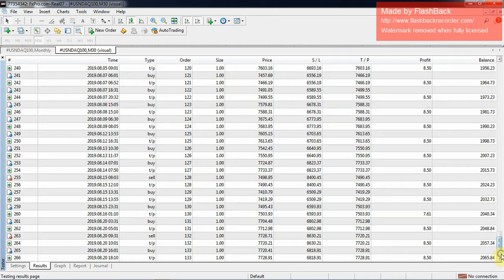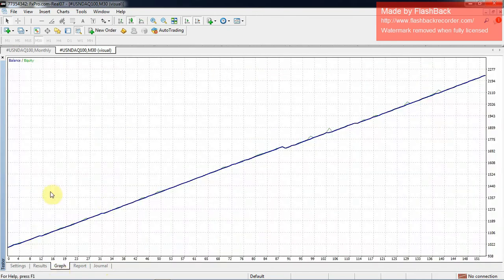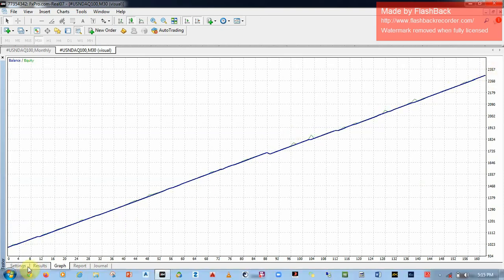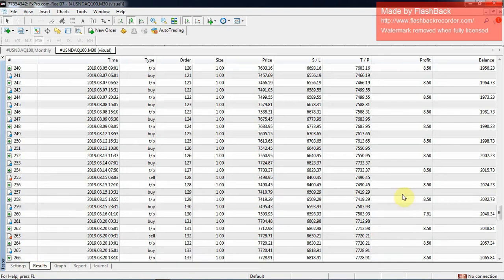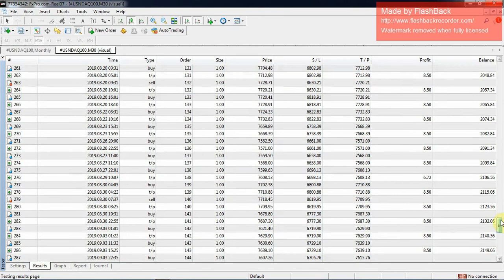Let me scroll down. We are now in August 2019. The results are coming in. We are up $2,000 there. Let me scroll down. The backtest is still going.